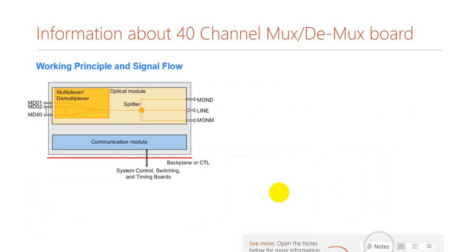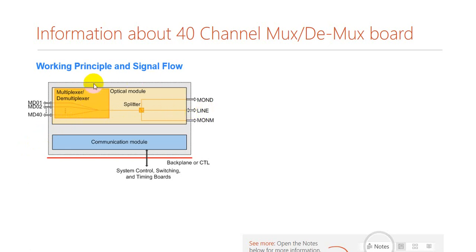Now we will cover the major boards. Here is EX40 or X40, the 40 channel mux demux board, and this is the basic signal flow working principle diagram. This board will have 40 channel inputs if we are using it as a mux board, and then one final output.